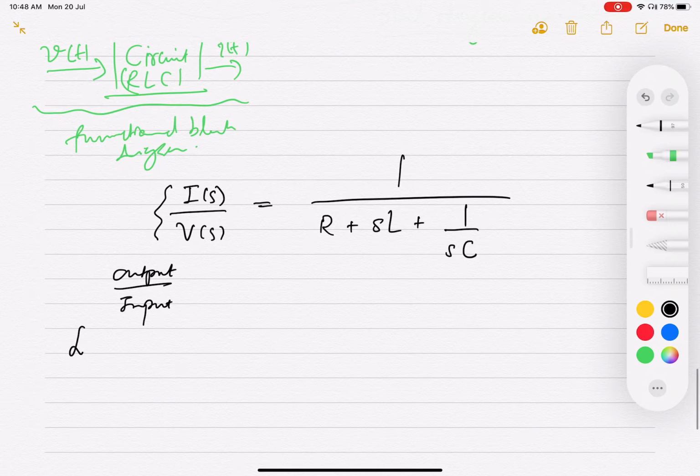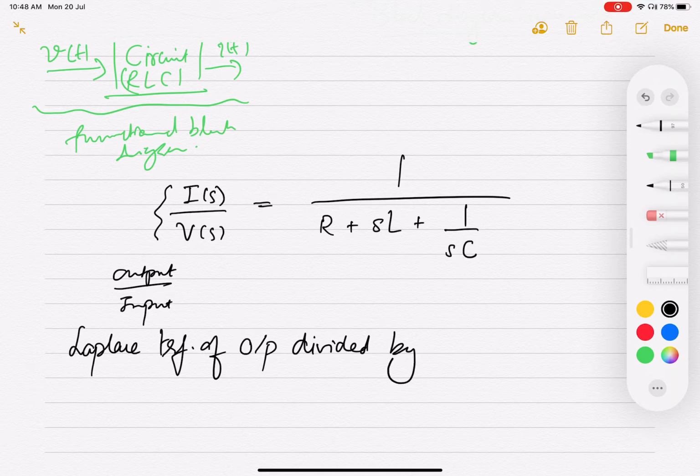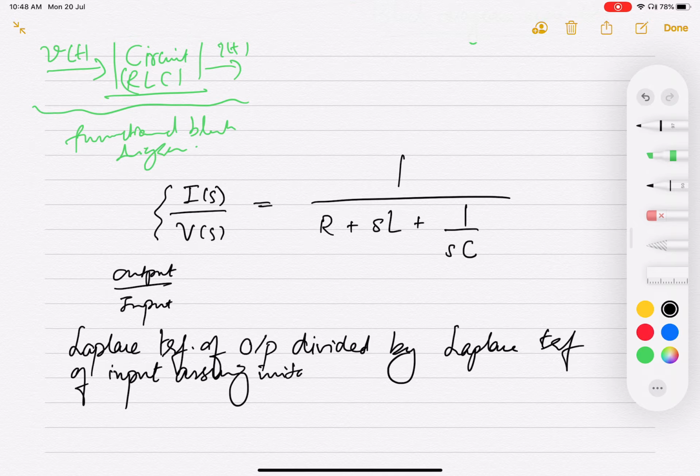So this has a precise definition: the Laplace transform of output divided by the Laplace transform of input, assuming initial conditions to be zero, is called the transfer function.